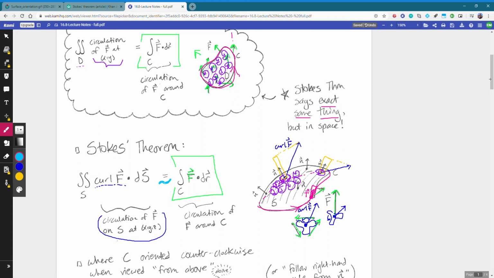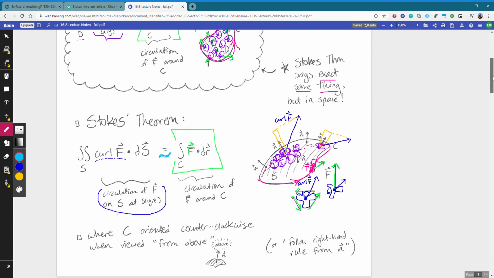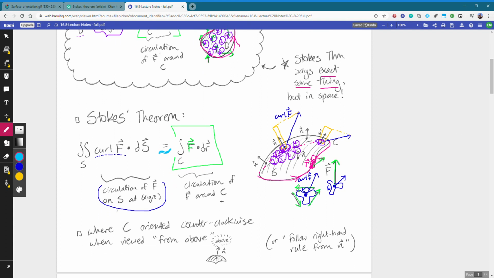each other. And the way that that works is we want to imagine that once we choose a normal direction, that's somehow showing us the above direction. And the idea being now, if we then look down on our surface from above, we want to be moving counterclockwise.